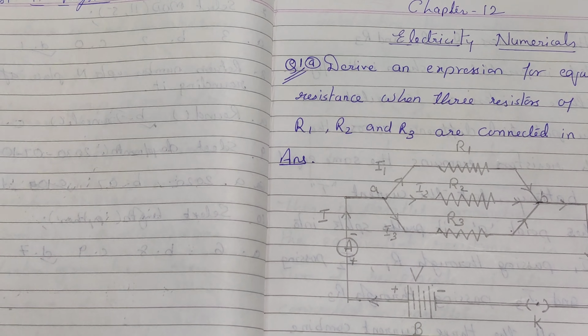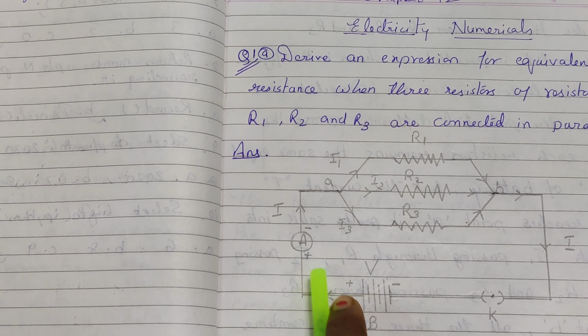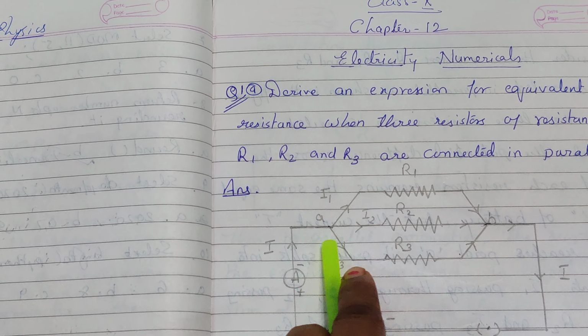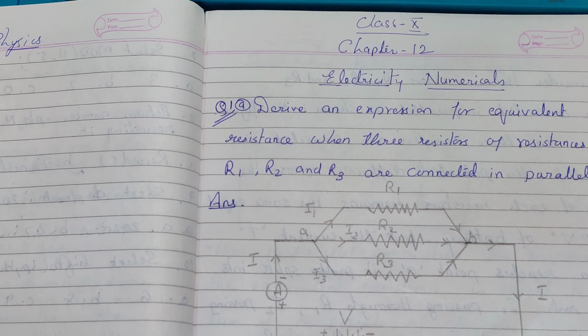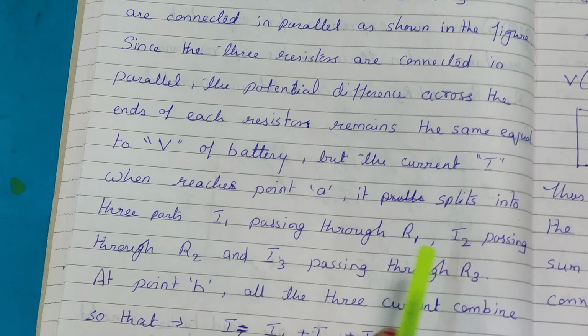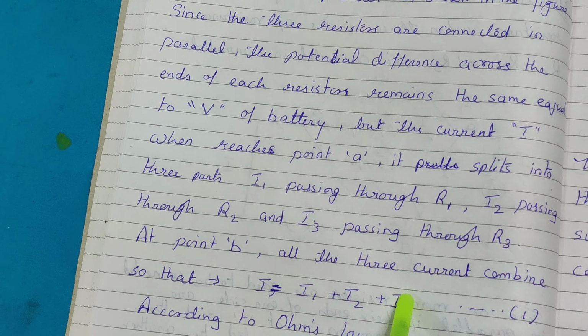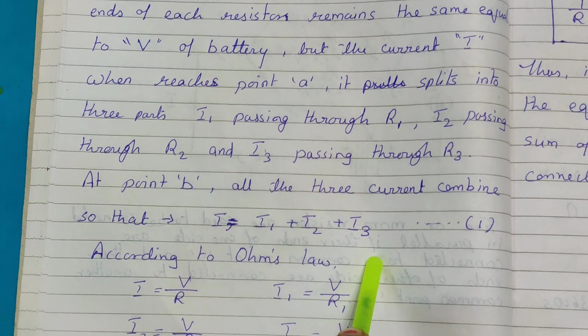The potential difference in parallel combination is common. The current I will flow and it splits into three parts, I1, I2 and I3. And then after, at point B they are meeting again. So your total current will be I equals I1 plus I2 plus I3.